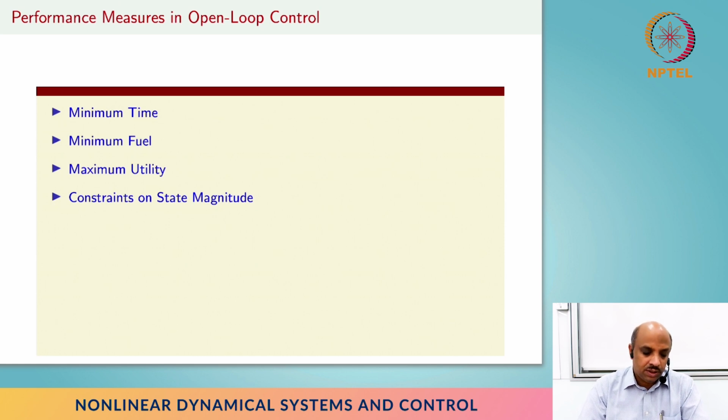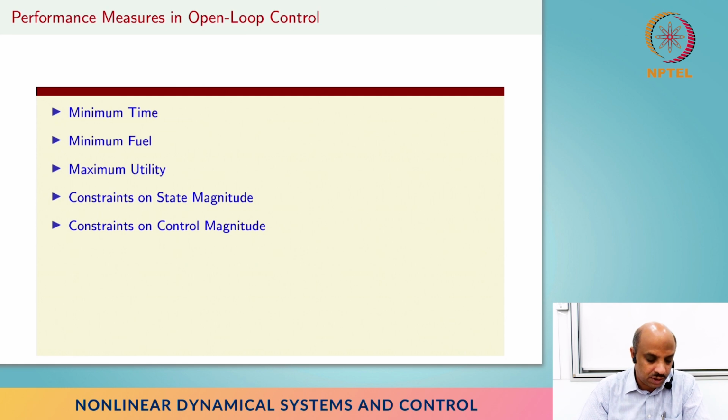Utility is again one of those cost functions that are abstractly defined. And the techniques that we learn in open loop control are quite well equipped to actually handle many different types of constraints. You can have constraints that are put on state. You can put constraints on control. So for example, in the case where we have the minimum time problem, if you don't have a constraint on the control, typically we will end up with no solution, or rather a ridiculous solution like putting in an infinite amount of power or something like that. So we need to put some kind of constraint on control magnitude.